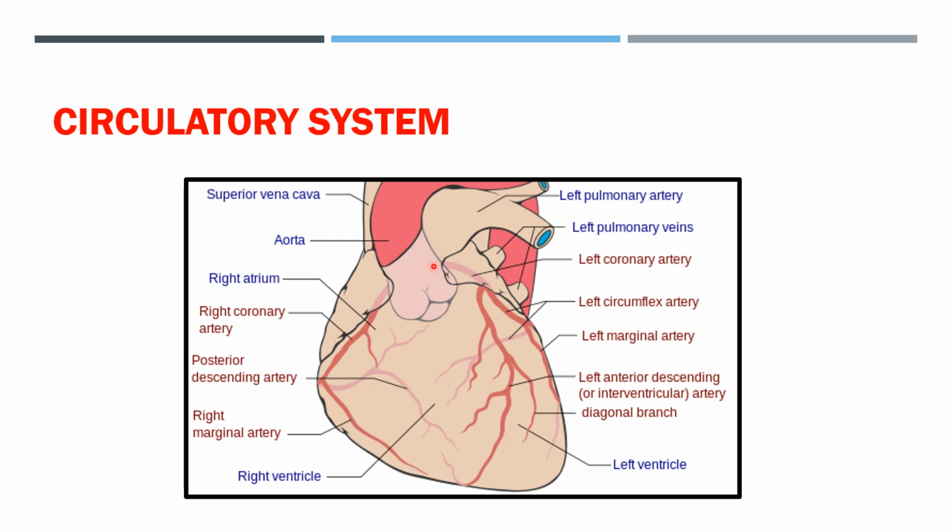Likewise, on the left side, the left main coronary artery arising from the aortic sinus divides into two. The first branch is the left anterior descending artery, which comes to the anterior portion of the left ventricle, known as the LAD.